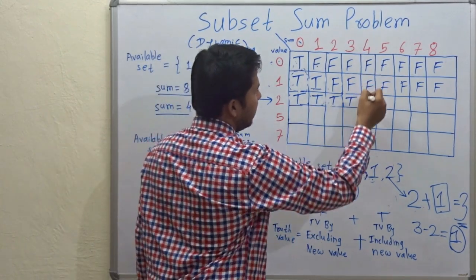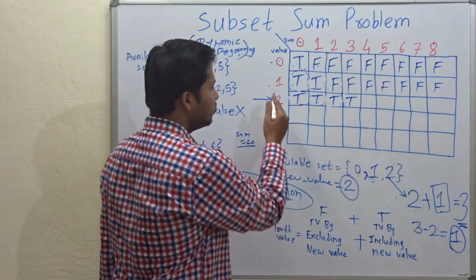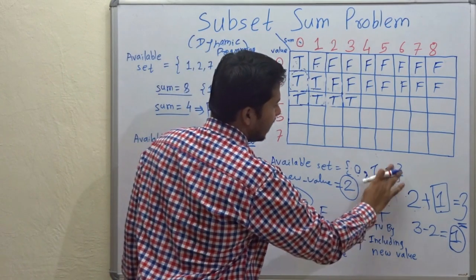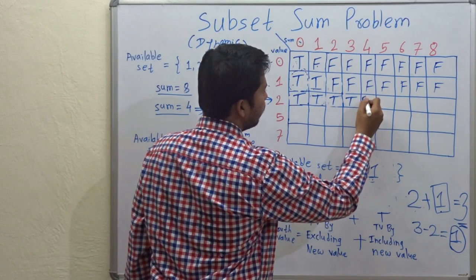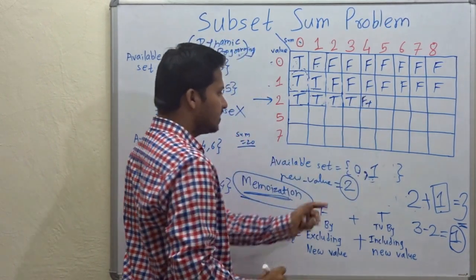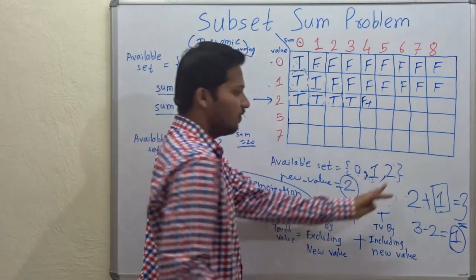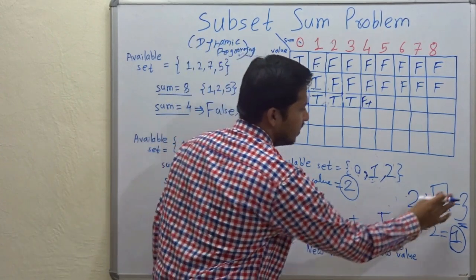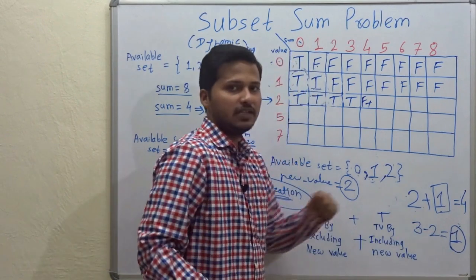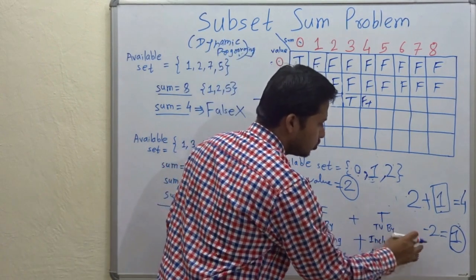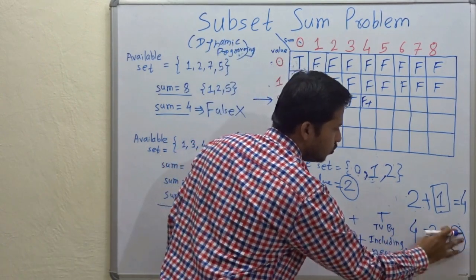The next cell: to make 4 by using 2, first exclude 2. By using 0, 1, can you form 4? No, false is the value from the upper cell. Now include 2. When you include 2 here, you have to make a total of 4, right? So 4 minus 2 is 2.